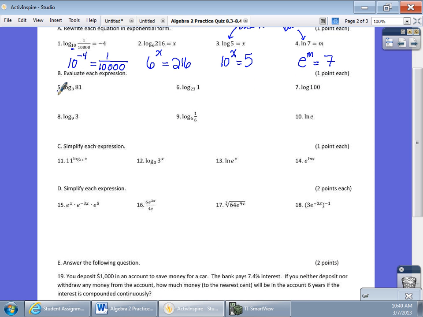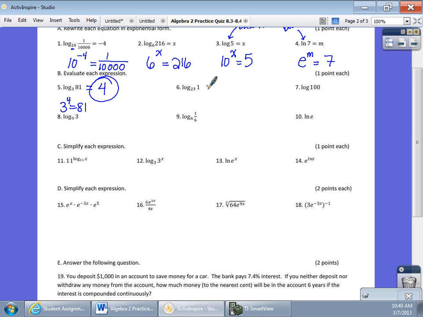Now this is what I like a lot. Log base 3 of 81. Again, it's asking you what is your exponent. And log base 3 of 81 is equal to 4, because 3 to the 4th is 81. This is the answer there. That's the only number you have to write down.